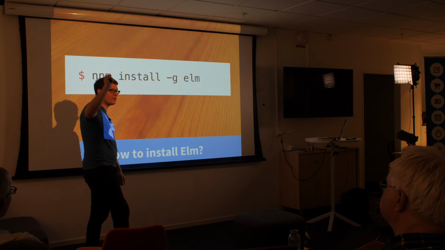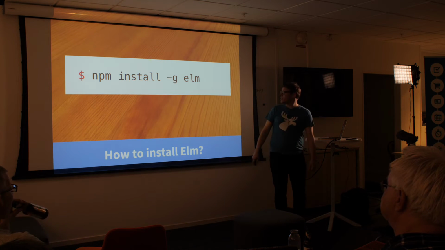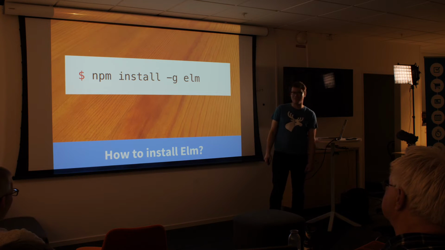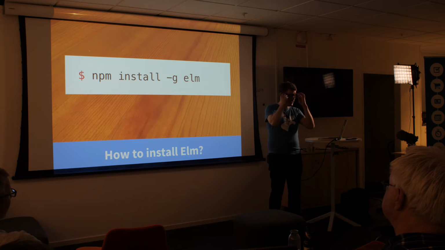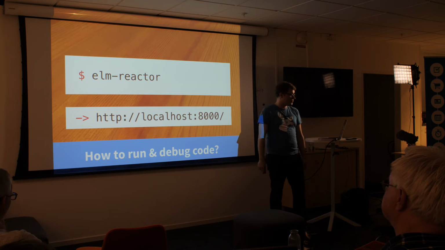So how do you run your Elm applications? If you are a JavaScript developer, you probably have Node and npm installed, so you can just npm install -g elm. There are also packages you can download from elm-lang.org. And how do you run your code? Well, you create a folder, you create some Elm source files, and you run elm reactor.